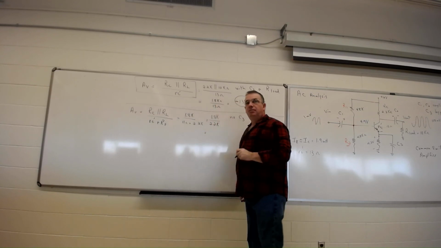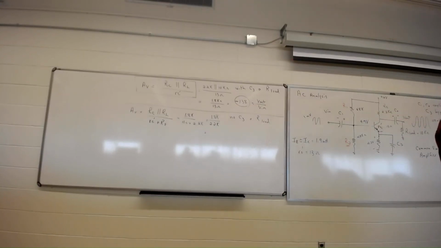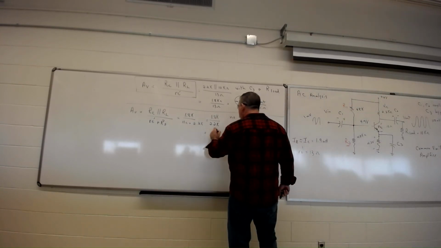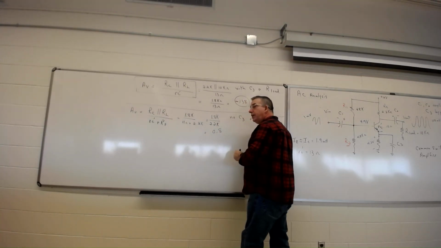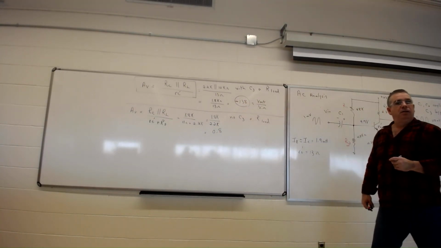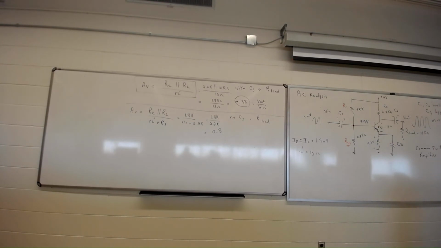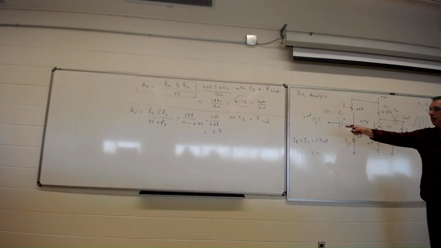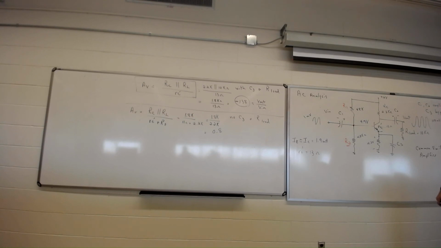That's going to give us 0.8. Ooh, that sucks. That's not a gain. That's an attenuation. That number tells me that if I put in 1 millivolt, I'm going to get 800 microvolts at the output. I'm not getting a gain.